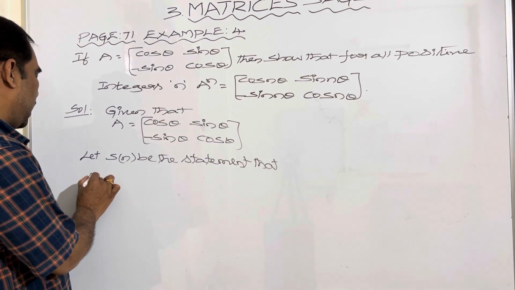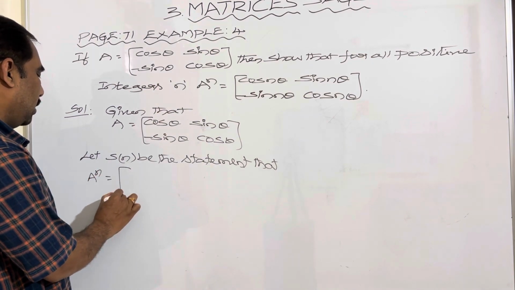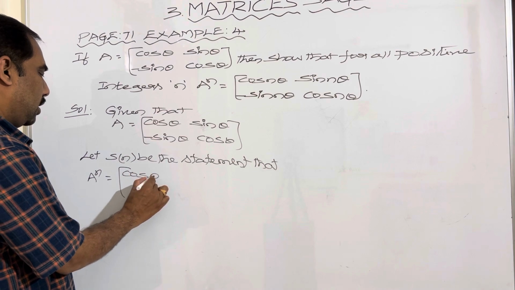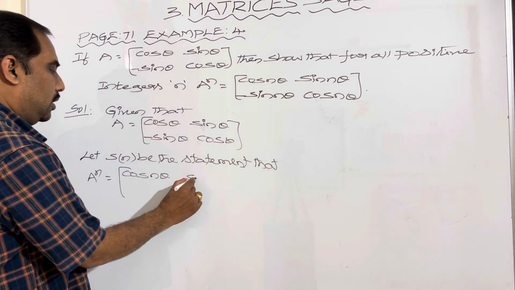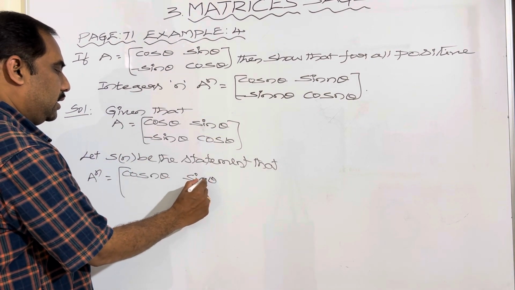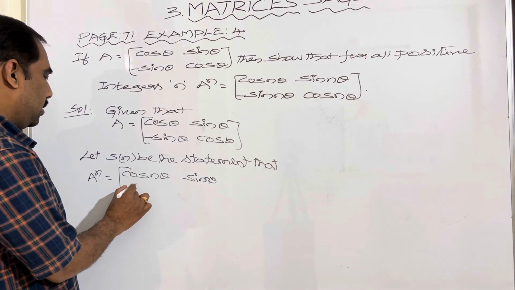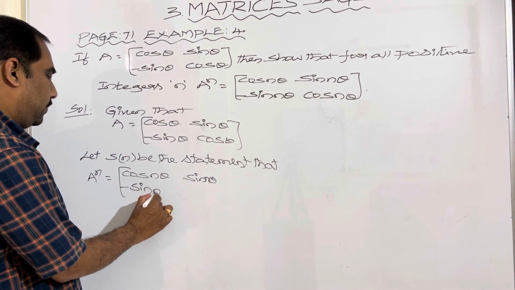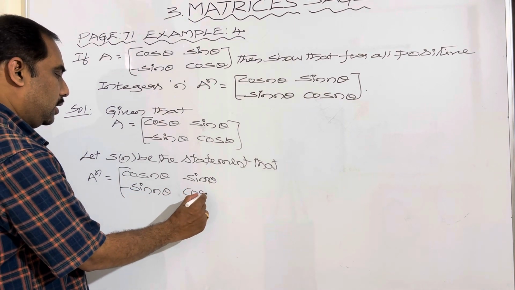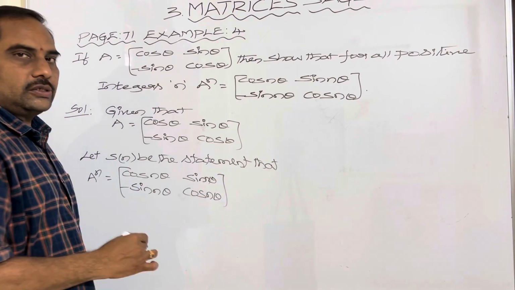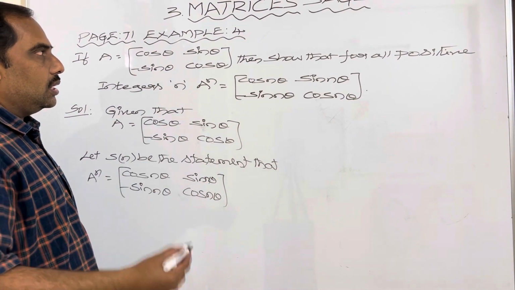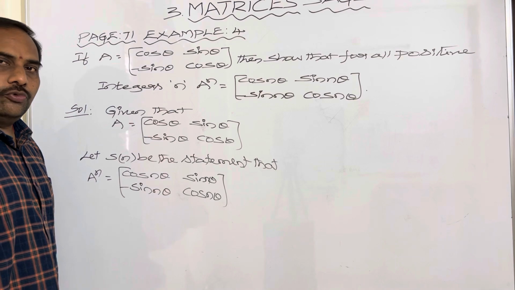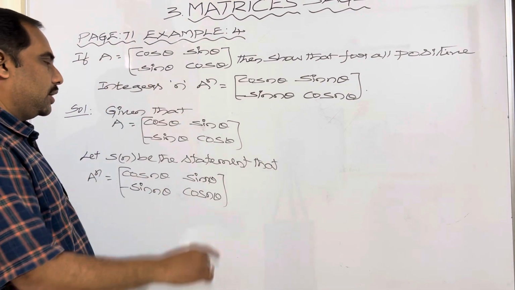So A power n is equal to the matrix cos n theta, sin n theta, minus sin n theta, cos n theta. So this is S of n.